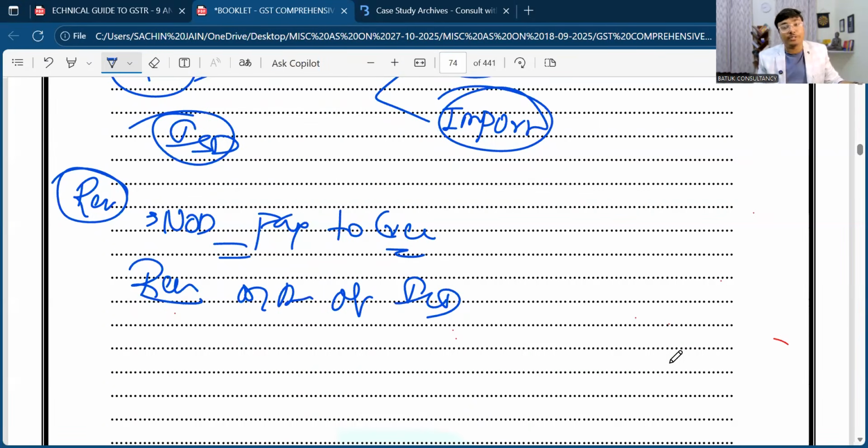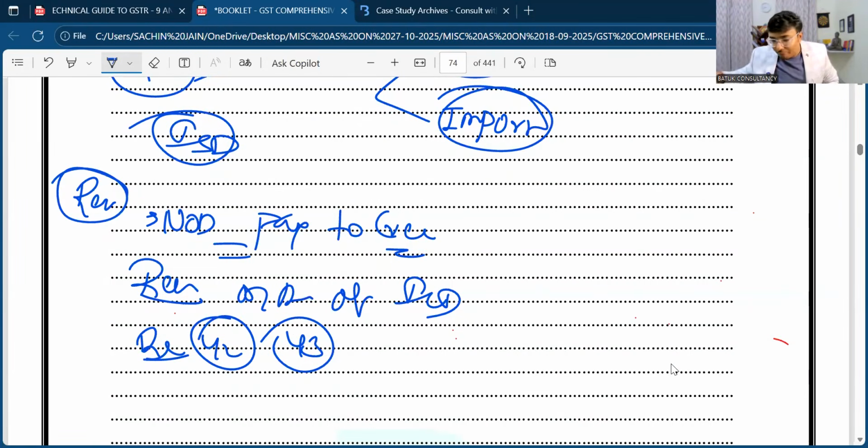If I bought any capital goods and that capital goods I am using for my personal purpose, for my business purpose, for exempted supply, for taxable supply, both, in that case also there is requirement of reversal. So for capital goods there is rule number 43, for input service rule number 42 is there. So reversal may be due to rule number 42 and 43. So these type of bifurcations are required in your GSTR-9 return.